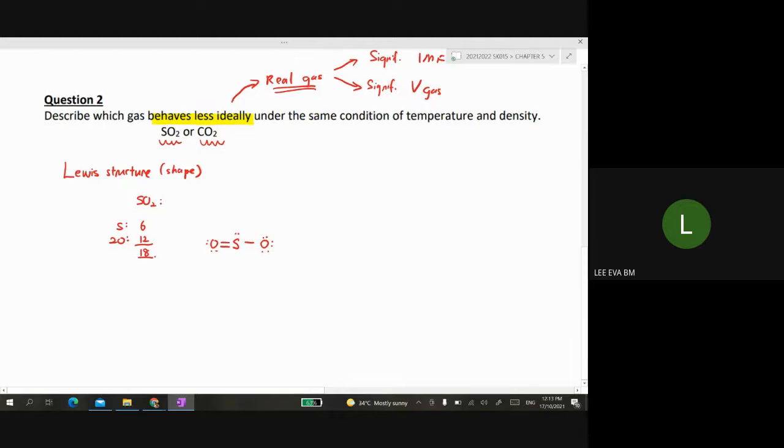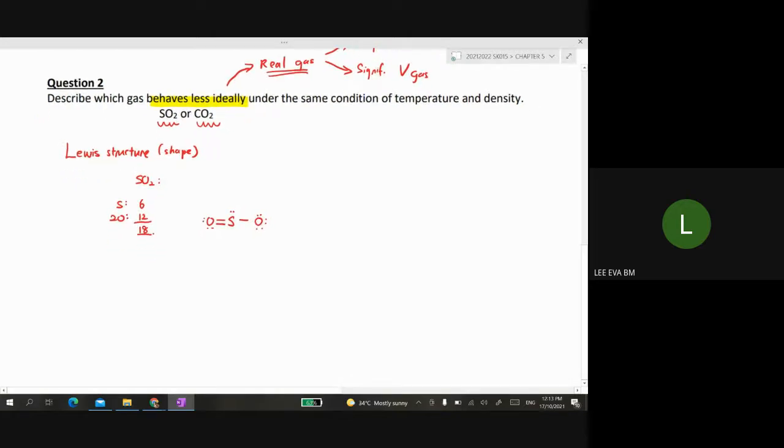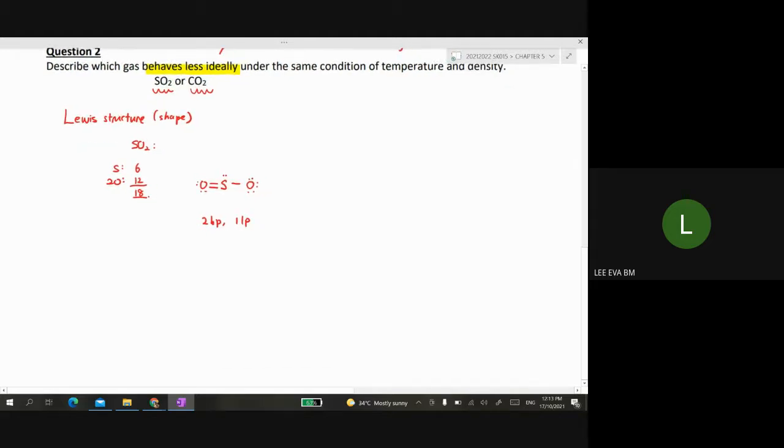Okay, so if we want to put it into the shape, now we have two bonding pairs. This part you don't need to write, but you need to know how to determine its molecular shape. So we have 3 electron groups with 2 bonding pairs and 1 lone pair. Therefore, the molecular shape of our SO2 looks like this.